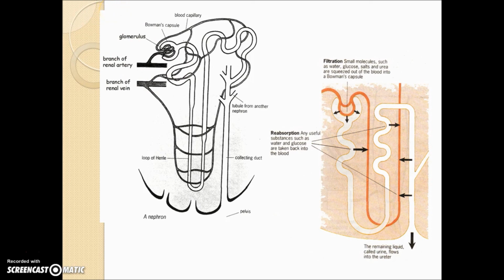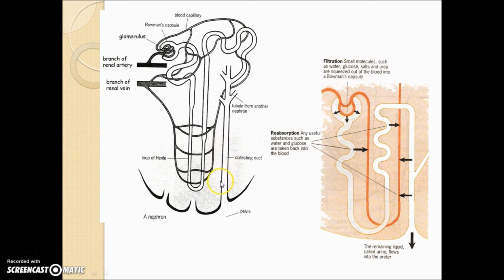Remember that this concentration gradient is achieved thanks to the saltiness of the medulla, okay? Remember that here in the collecting duct, 90% of the water is reabsorbed and returns to the blood as well.